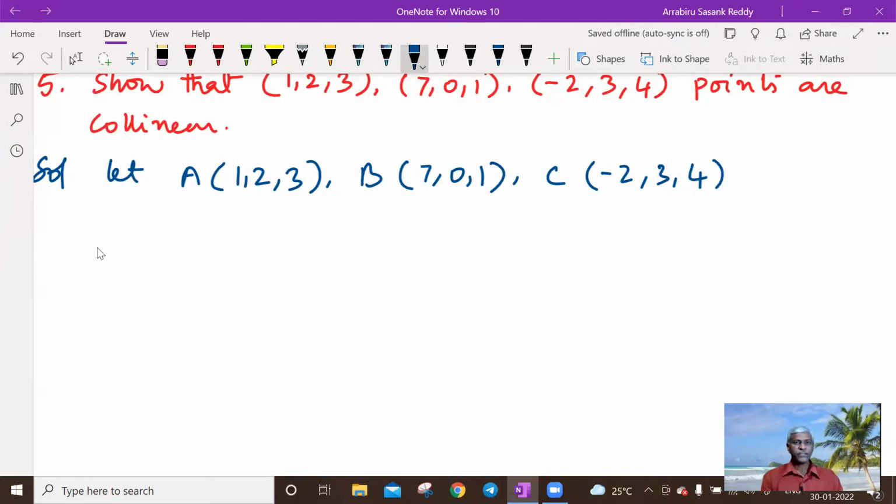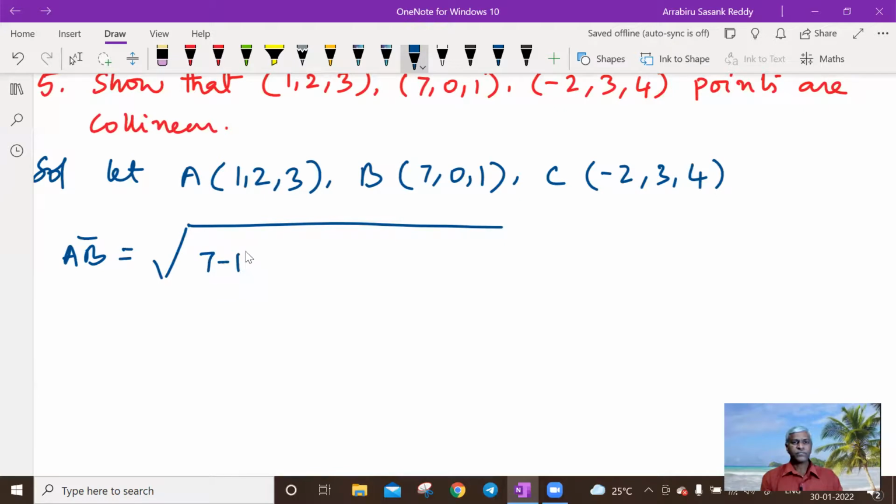Now let us find AB. Distance is under root (x2 minus x1) whole square, (y2 minus y1) whole square, (z2 minus z1) whole square. That is 7 minus 1 whole square, 0 minus 2 whole square, 1 minus 3 whole square.